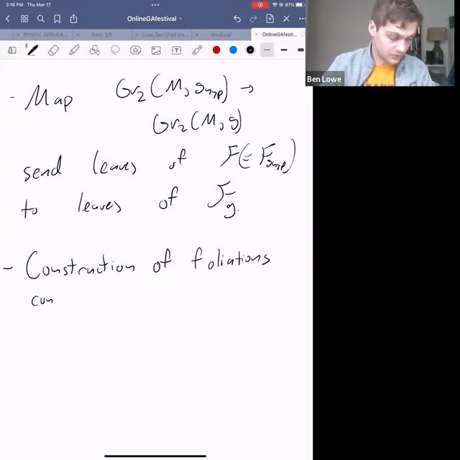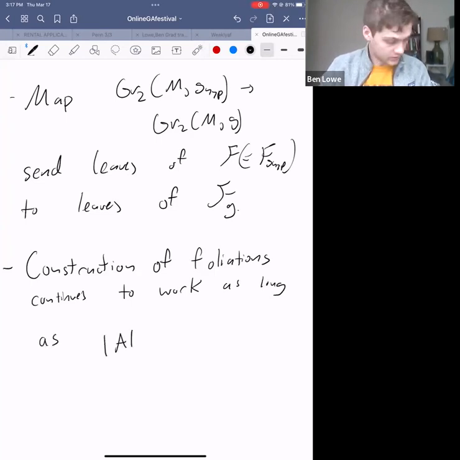It continues to work as long as the second fundamental form, called A, so we have A squared, is smaller than the ambient Ricci curvature pointwise at every point P, right?